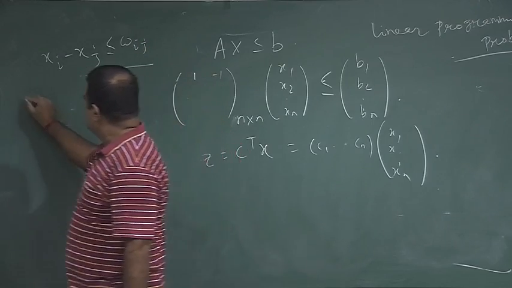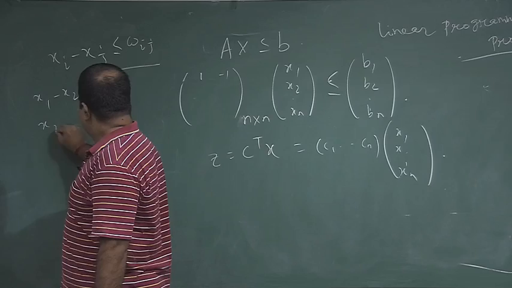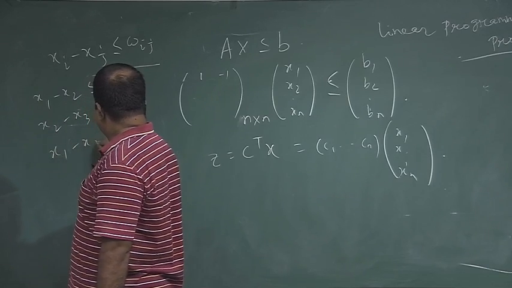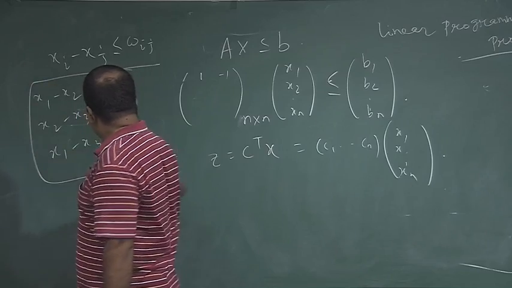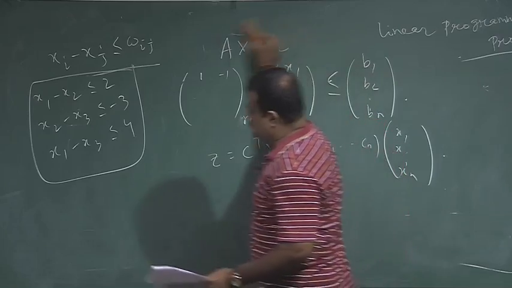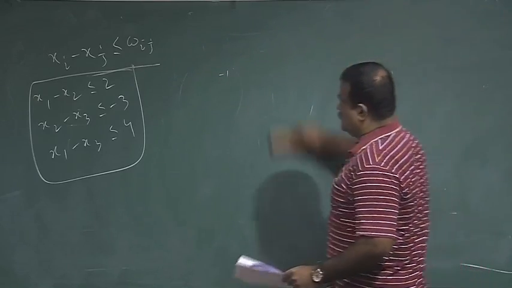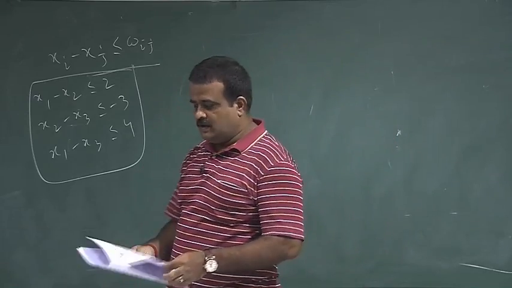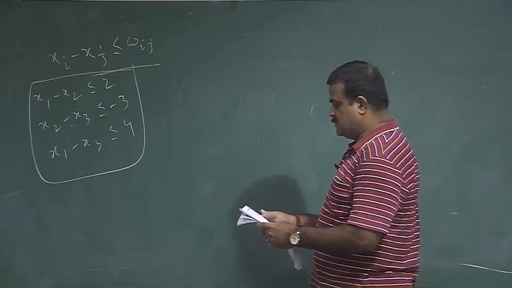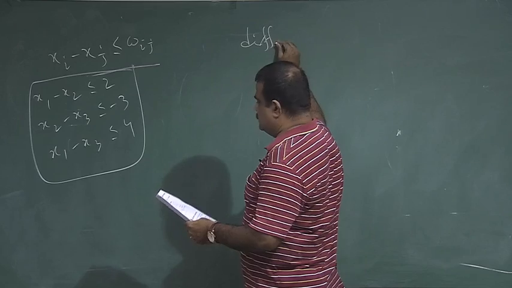For example, suppose we have three variables: x1 minus x2 less than or equal to 2, x2 minus x3 less than or equal to minus 3, x1 minus x3 less than or equal to 4. We are restricting ourselves to this type of form. This is also called linear constraints, or difference constraints. We will see how we can solve these with the help of the Bellman Ford algorithm.